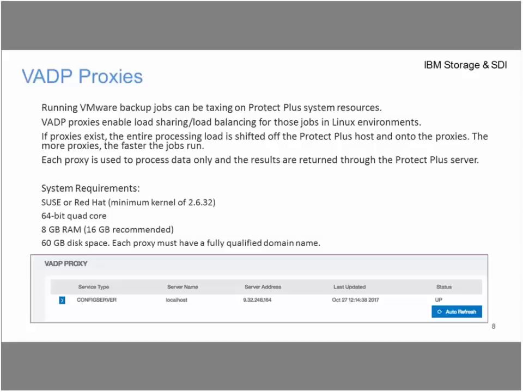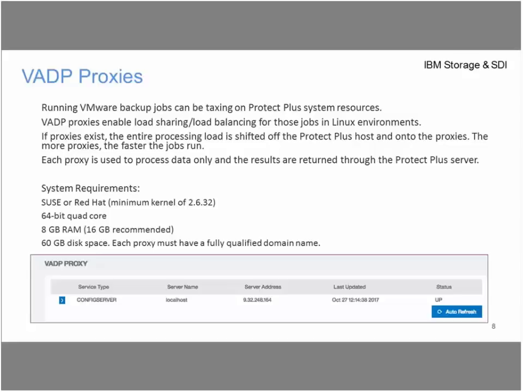Those VADP proxies enable the load sharing and load balancing of those jobs, and also in Linux environments, so you want to be aware of that. If proxies exist, the entire processing load is shifted off the Spectrum Protect Plus host and onto those proxies. It just makes everything more efficient and faster. The more proxies that you have, the faster the jobs will run, because you can distribute those jobs across those multiple proxies.